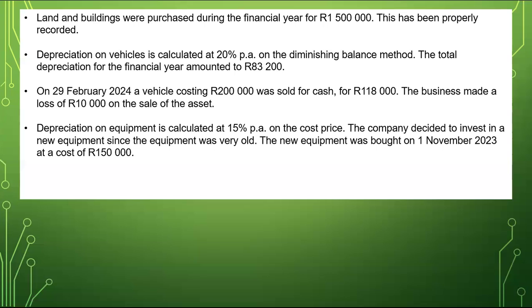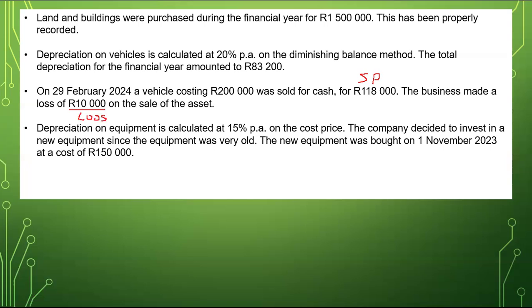And then they say on the 29th of February 2024, which is right at the end of the year, a vehicle costing 200,000 was sold for cash for 118,000. So this 118,000 is the selling price. Great. The business made a loss. Oh, so this is a loss.